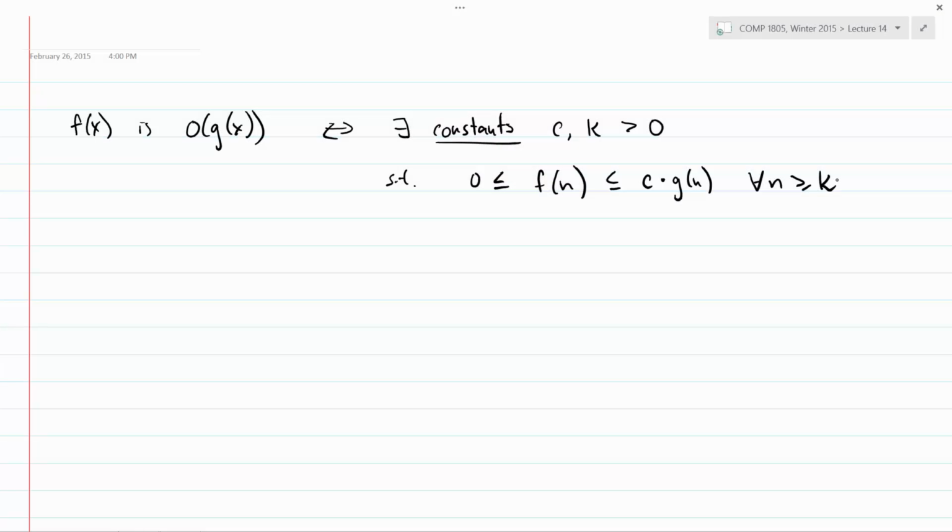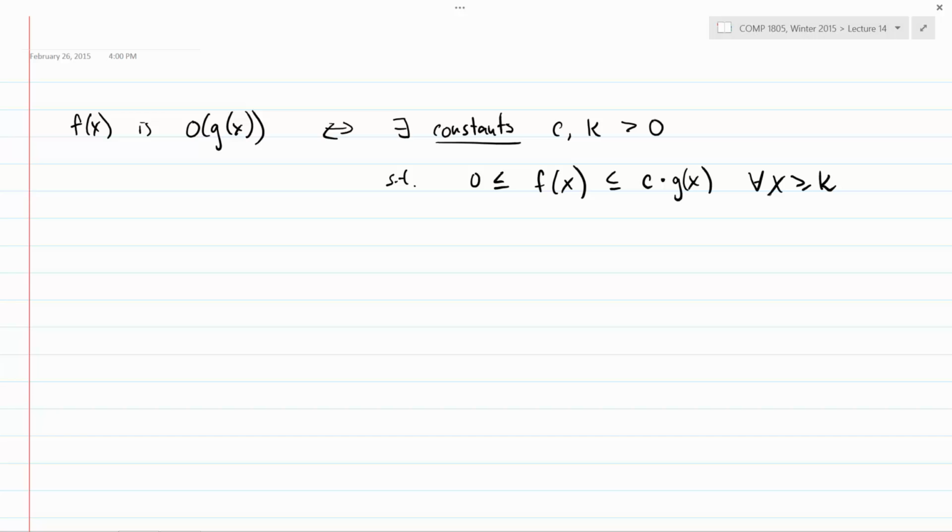Oh, I should be consistent with my variables here. Let's say x for everything. It doesn't matter what parameter you pass to the function as long as it's consistent. All right, so that's the definition of big O.